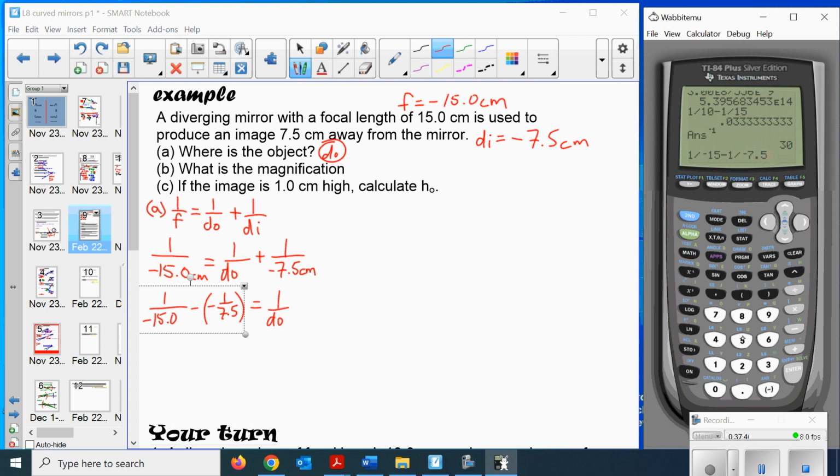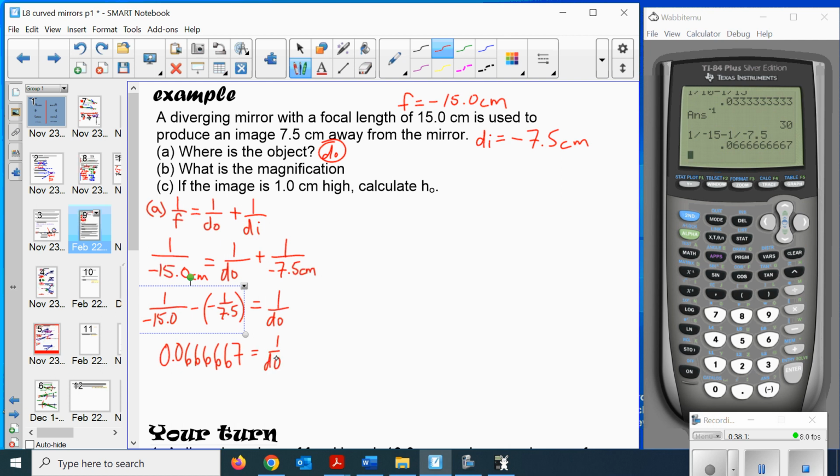I'm doing it. It's good because I get a positive. And I want DO to be positive. It's always okay. I'm going to write that down with a lot of decimals. Positive 0.0666. I'm not going to erase this off my calculator though, because I'm going to use that x to the minus 1 button.